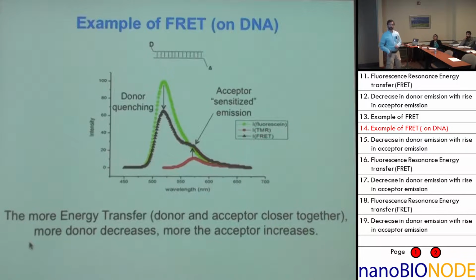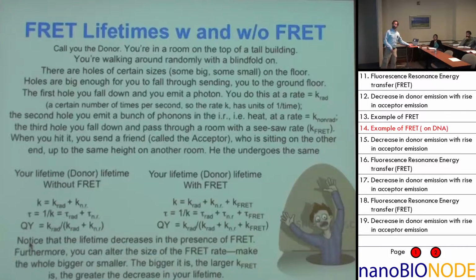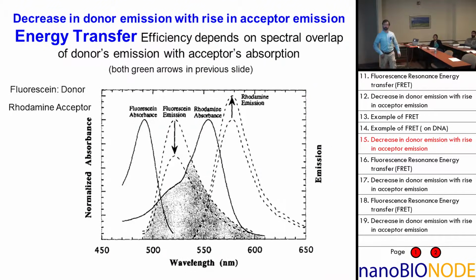Okay? Now, the one thing that we haven't talked about yet is we've talked about measuring the energy transfer by looking at the donor's emission. We haven't talked about measuring the energy transfer by looking at the sensitized emission of the acceptor.